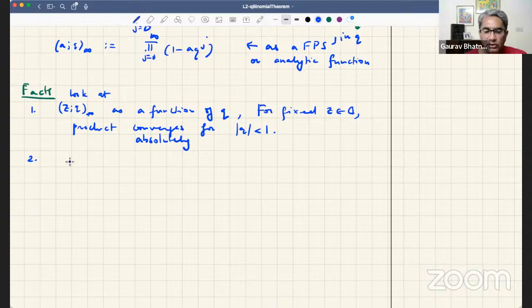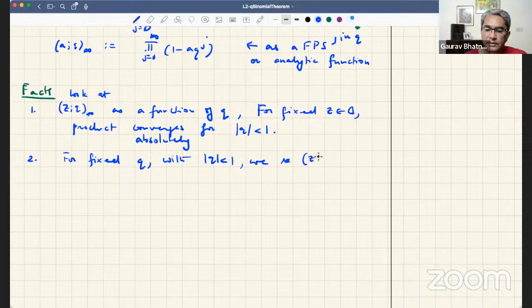For a fixed q with absolute value of q less than 1, we can also regard it as a function of z, and it is entire, which means it's analytic for all z.